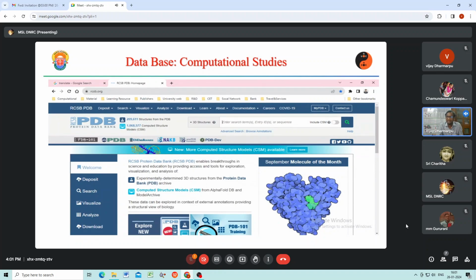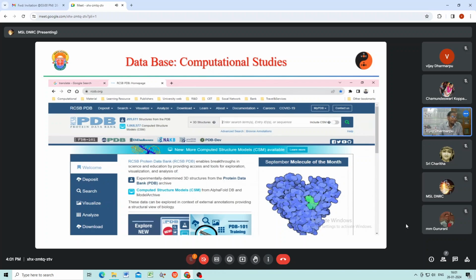We can take proteins directly, and we can change the structures by using different software we have. I showed you before Gaussian, and we have different software also, and many people are working with these software packages. If you have any queries, we will discuss together and sort out the programs.